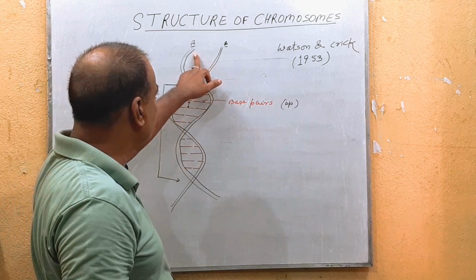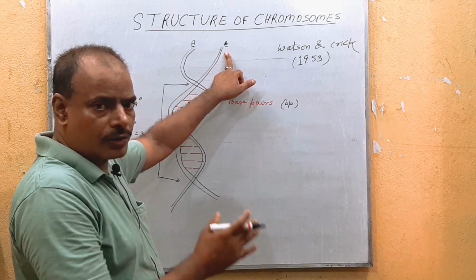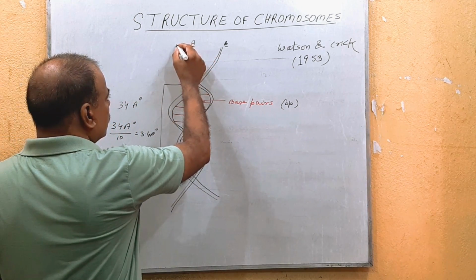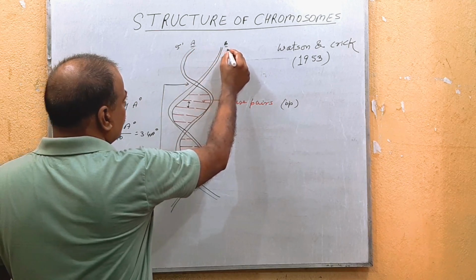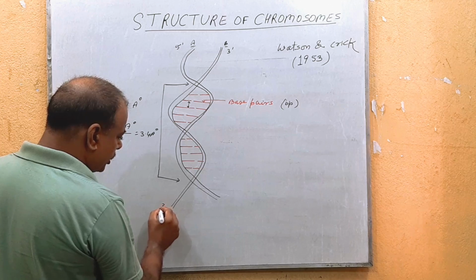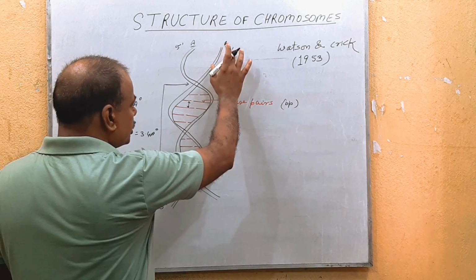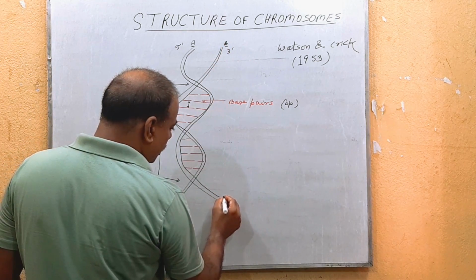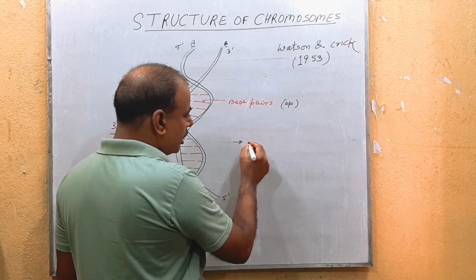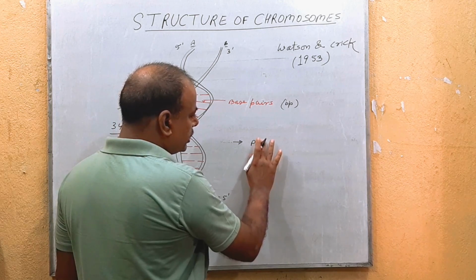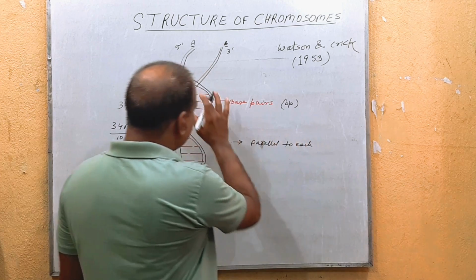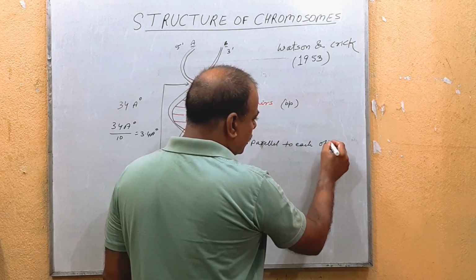Suppose this one is 5 prime and this is 3 prime, because it starts from 5 prime and ends in 3 prime, and here it starts with 3 prime and ends in 5 prime. It means these two strands are parallel to each other.